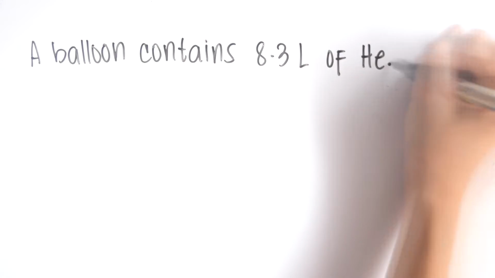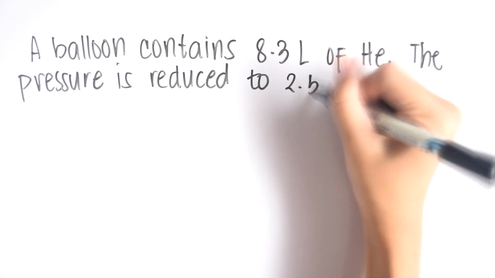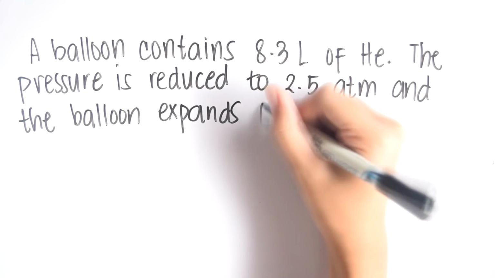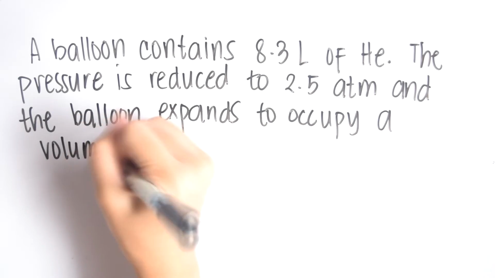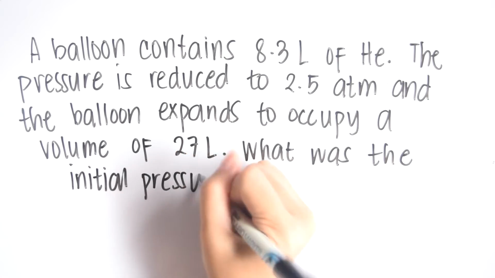For example, a balloon contains 8.3 liters of helium. The pressure is reduced to 2.5 atmosphere and the balloon expands to occupy a volume of 27 liters. What was the initial pressure exerted on the balloon?